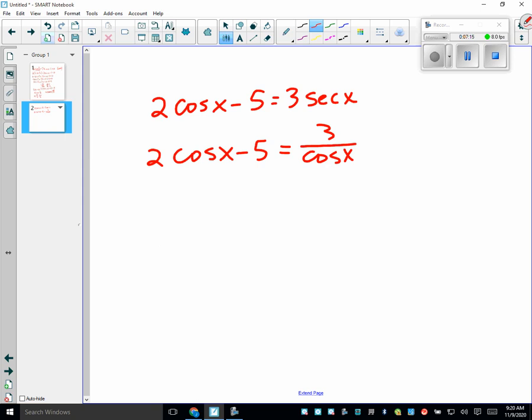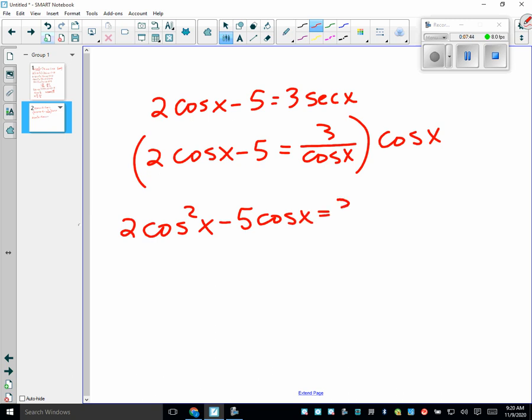The problem here is that I can't work with a cosine in the denominator. So can I multiply my entire equation by cosine x? When I do that, multiply this whole thing by cosine of x, it gives me 2 cosine squared x minus 5 cosine x equals 3.